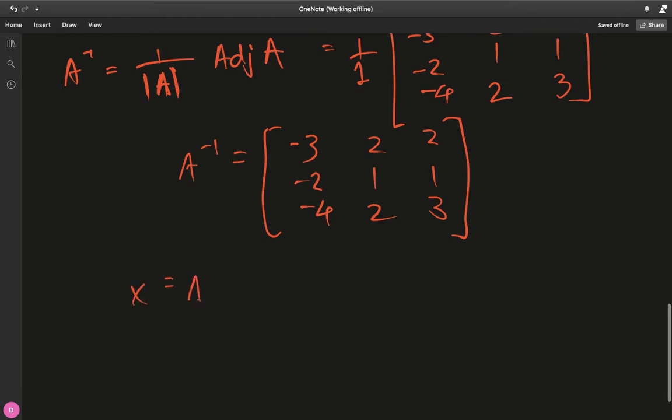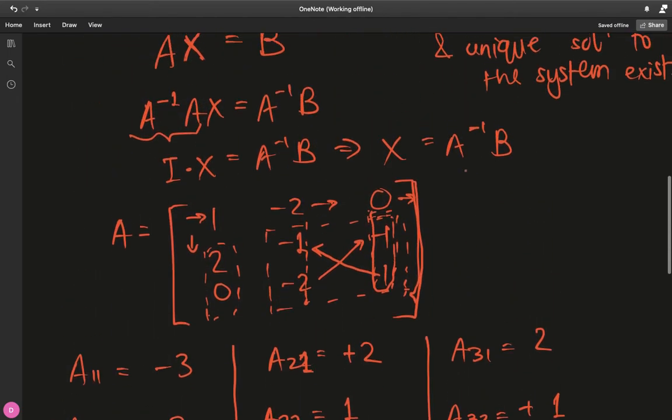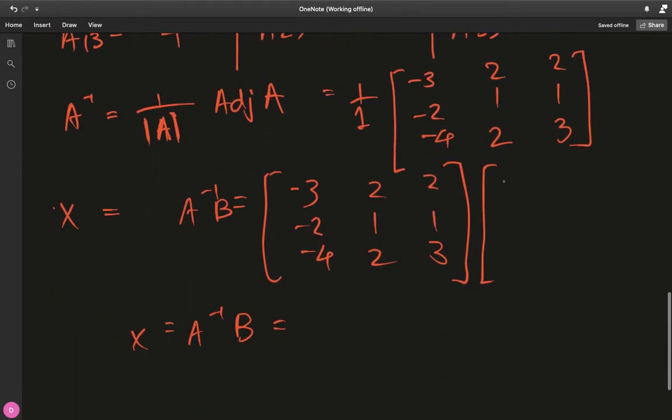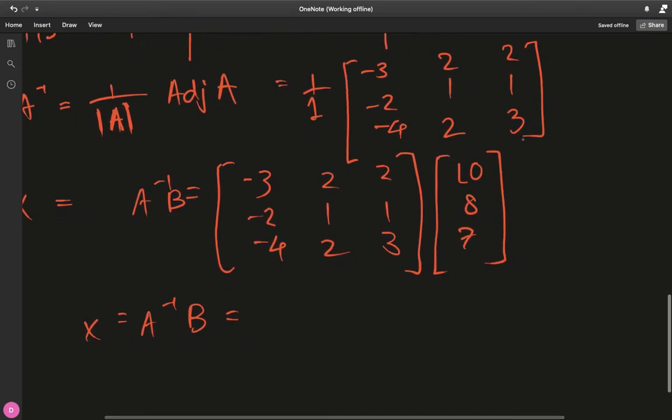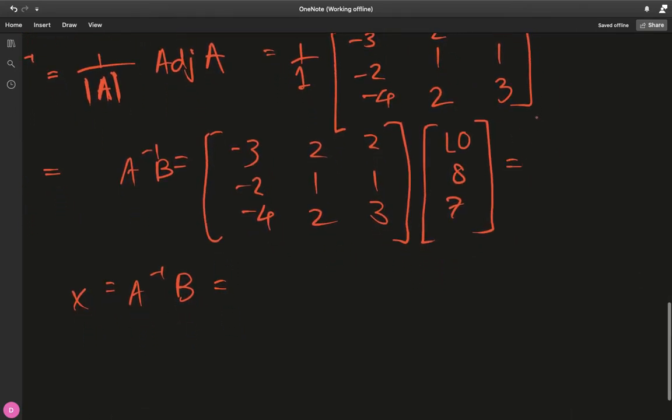So X is given by A inverse times B. We can do that here. X is equal to A inverse times B. So this A inverse multiplied with B, which was basically 10, 8, 7. And I'm assuming you're good at calculating a matrix product, which turns out to be 0, -5, and -3.